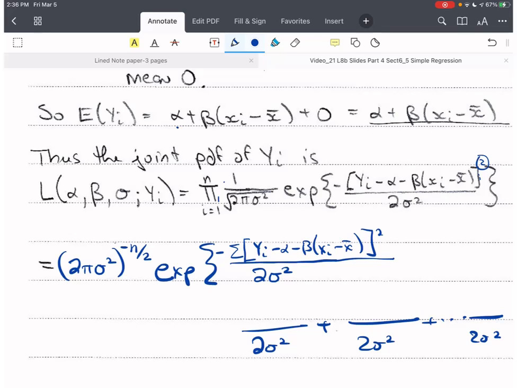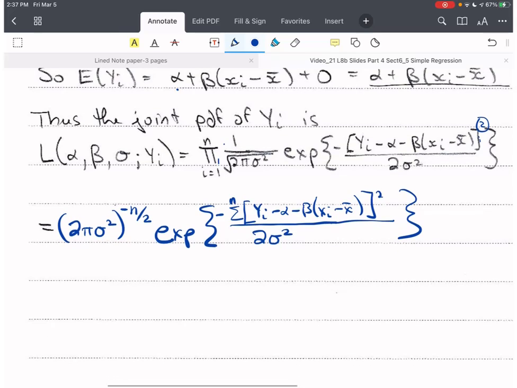I probably corrected myself and then erased it and then forgot to put it back. But there is a square there because it's y minus its mean, squared. Remember, if we were using x, it would be negative x minus mu of x, quantity squared, over 2 sigma squared. And so we have to have that same pattern here. So we can't forget the square. If we forget the square, we don't do a very good job of taking the derivative when we get there. Okay. So this goes from i equals 1 to n.